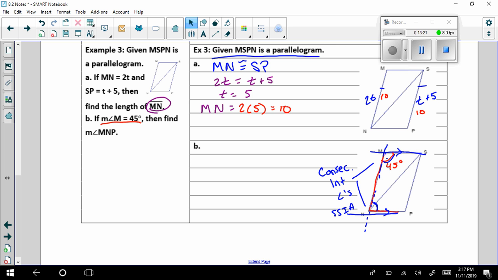So if you remember the relationship between same side interior angles, they are supplementary. So 45 plus the measure of angle MNP is 180 degrees. So the measure of angle MNP is equal to 135.